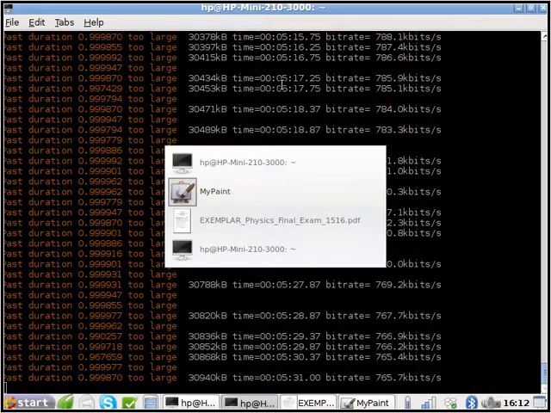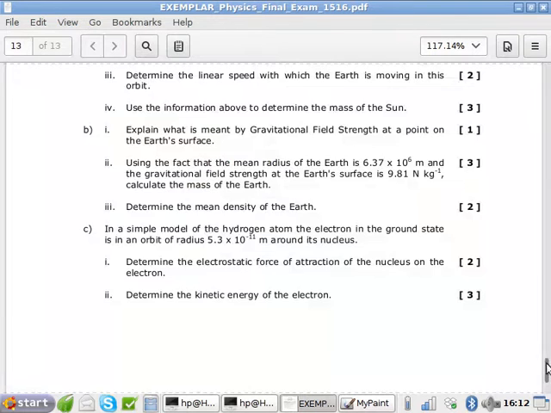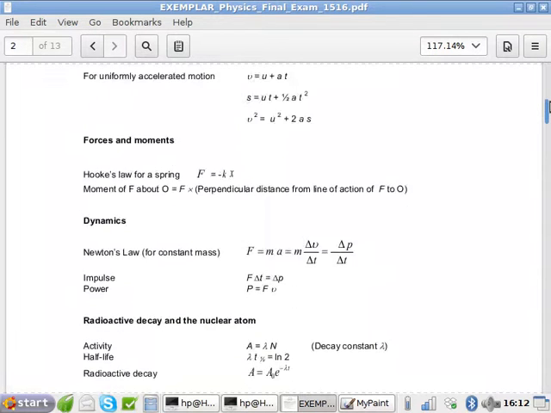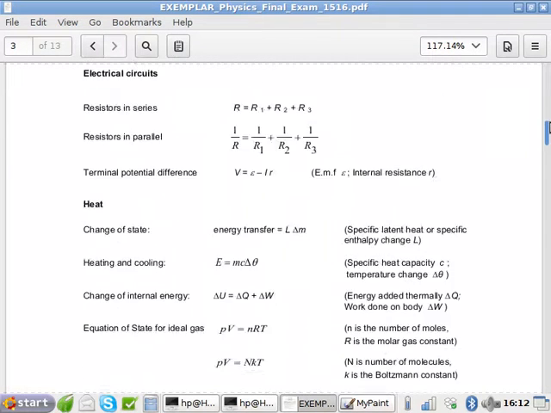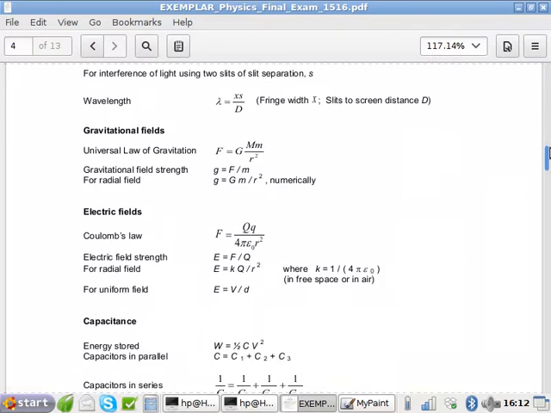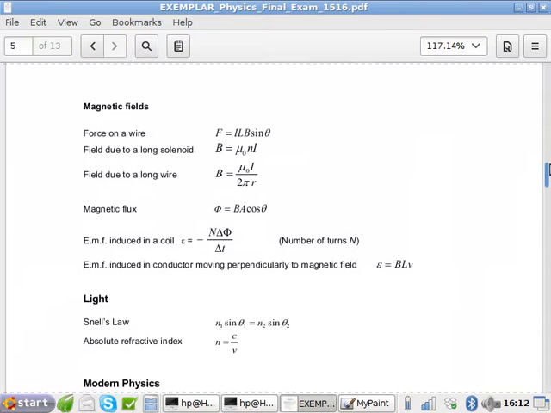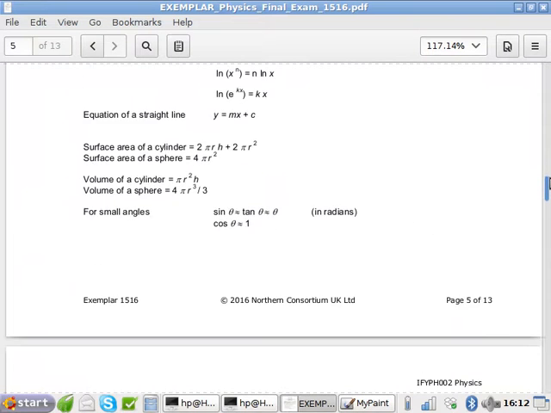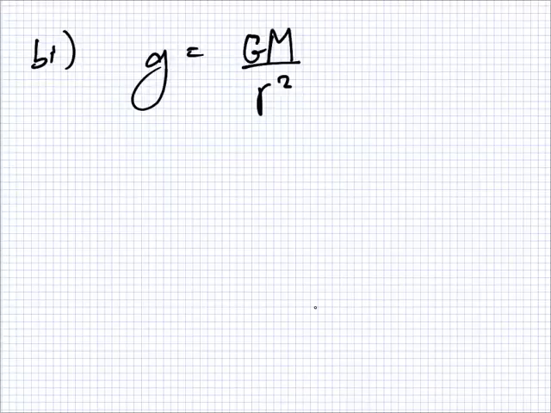Hang on, the formula book's right here. Yes, GM over R squared. Right, so what is the definition of field strength here? The amount of gravitational force on the Earth's surface.